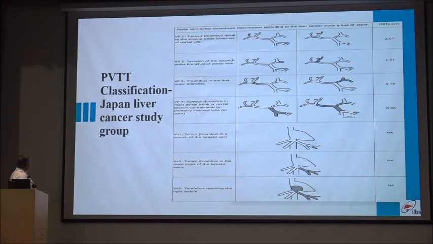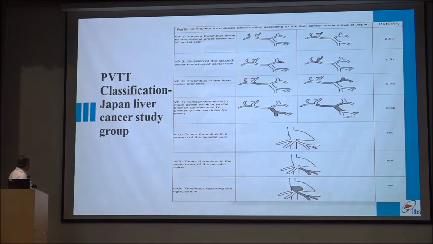VP3 is thrombosis in the first order branches. VP4 is tumor thrombosis in the main portal vein trunk or the portal branches to the contralateral lobe.